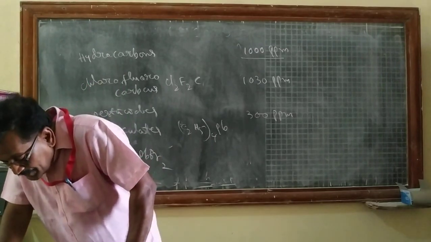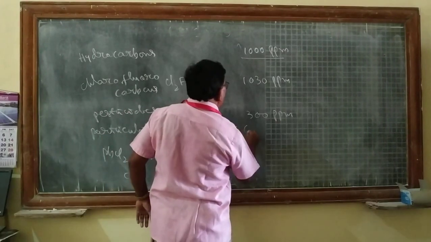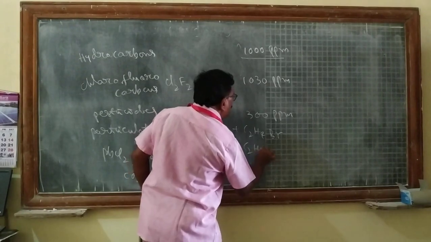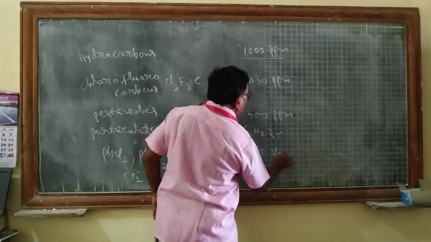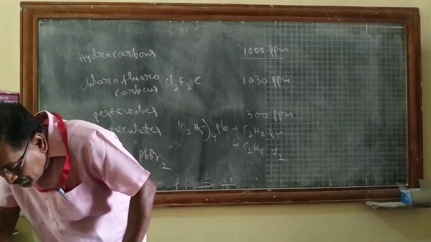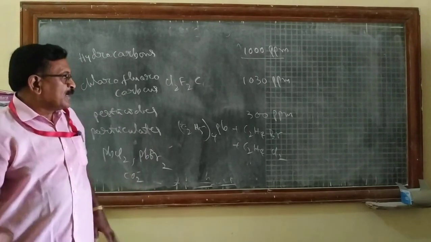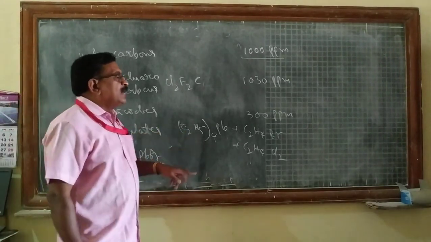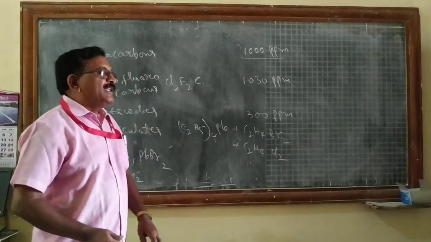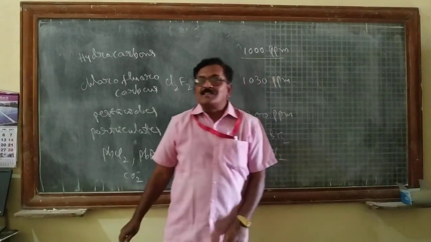Lead tetraethyl plus ethylene dichloride, C2H4Cl2, plus ethylene dibromide, C2H4Br2, is added to gasoline to improve the anti-knock property. If you add lead tetraethyl, ethylene bromide and ethylene chloride, all these compounds are added in the gasoline to get an anti-knocking agent in the fuels and engines.